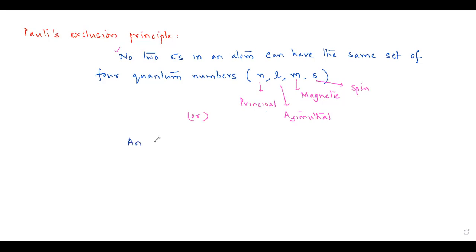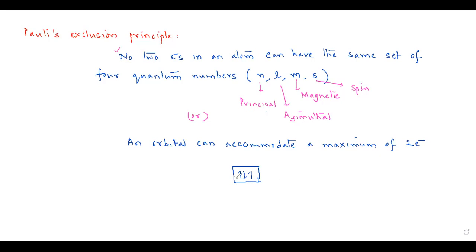But what I would like to say is the same thing can be given in a simple way, saying an orbital can accommodate a maximum of 2 electrons. I mean, you cannot accommodate more than 2 electrons in an orbital. Look at this. This is okay. This is okay. But you cannot write more than 2 electrons.